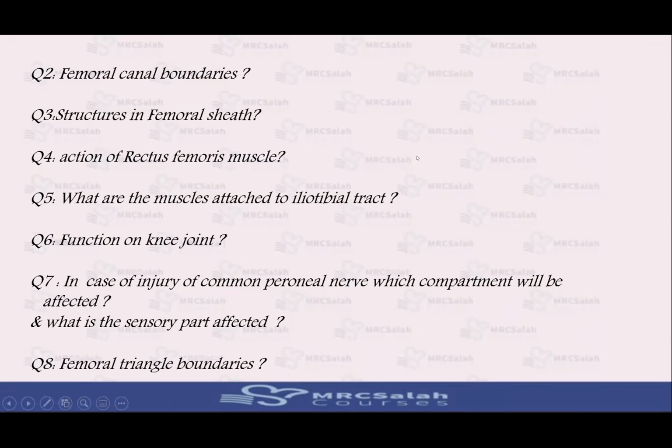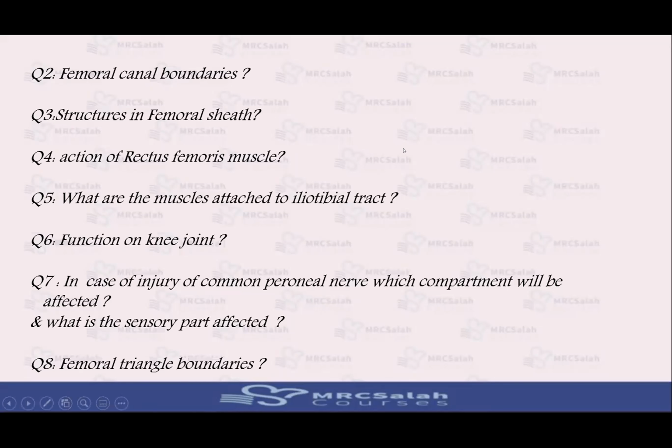What is the function on the knee joint? It is attached laterally, so it gives stability during walking and running, stabilization in extension and partial flexion.